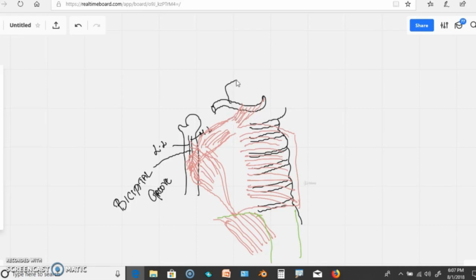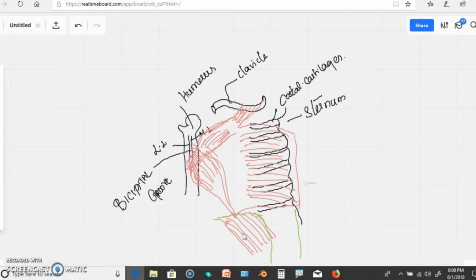So to know further, just remember this is the clavicle and this is the sternum part, and this is the costal cartilages, and this will be called the humerus with its bicipital groove, and this muscle is the external oblique abdominis muscle, and this is the fascia.